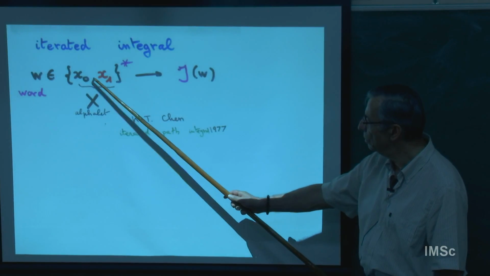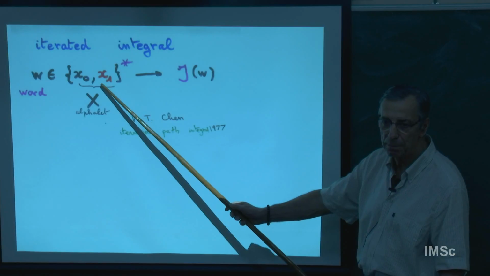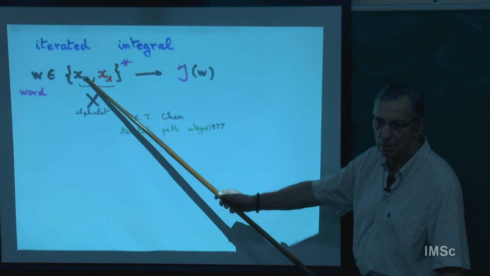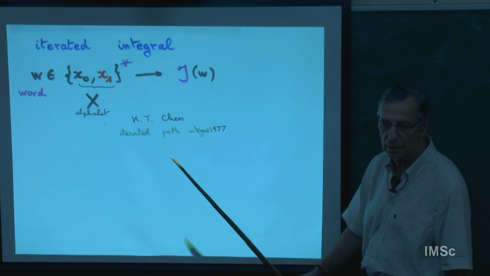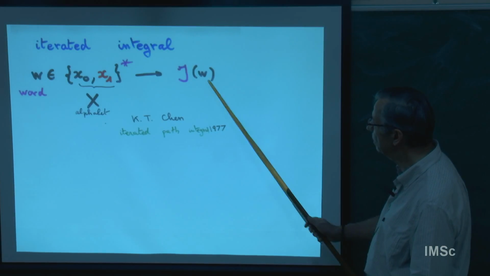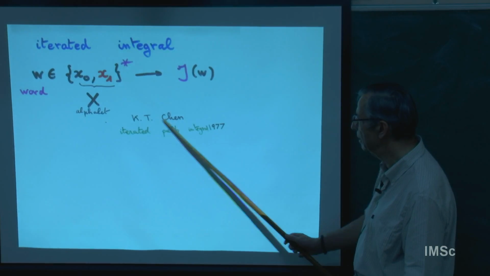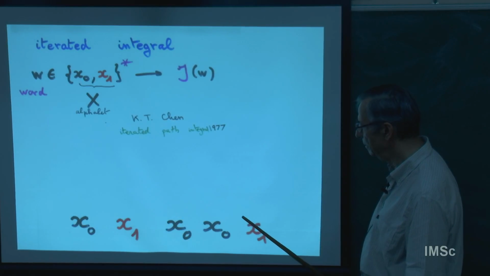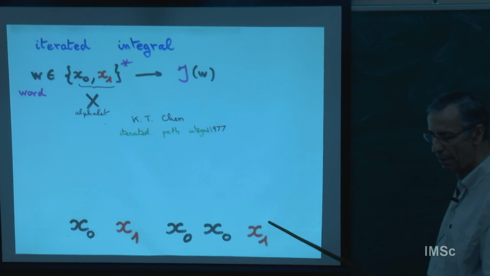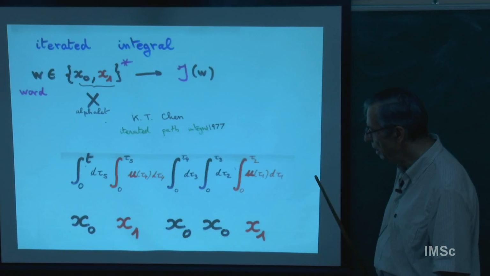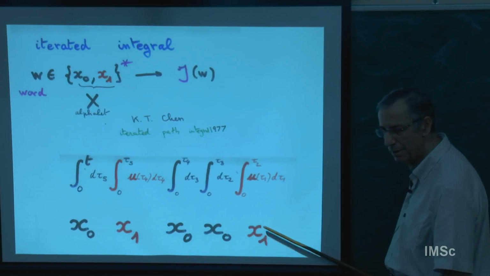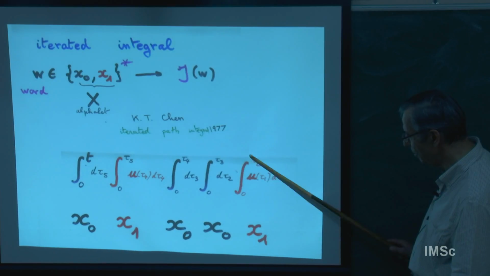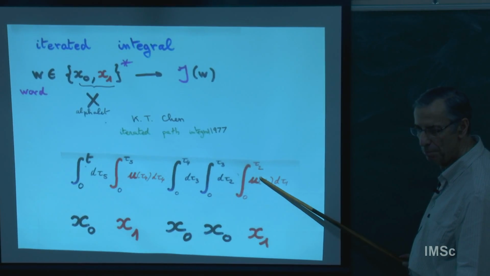If you have only one input, for example the function u, you have words in two letters, x0 and x1, and you define an iterated integral the way Kuo-Tsai Chen did iterated path integrals, so it's easy to understand. I give you this word, and then the iterated integral is this. You read from the x1, so I integrate u.